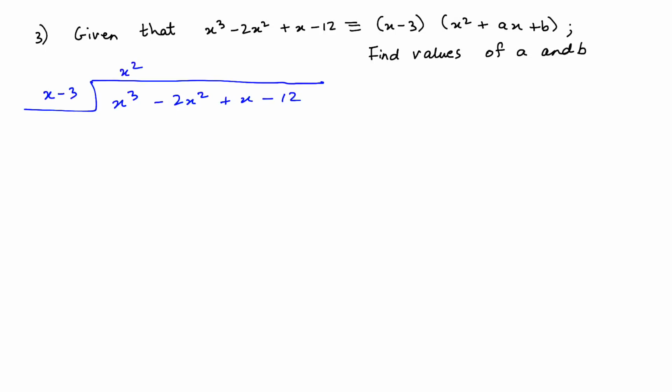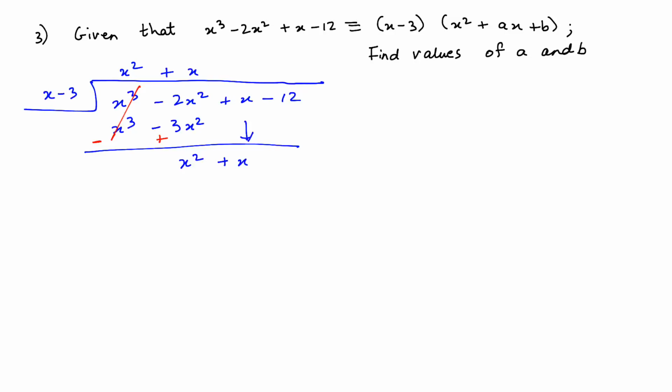X times x squared will give us x cubed. -3 multiplied by x squared, -3x squared. Remember to change the signs, negative and positive. Put in the calculator -2 plus 3 and you will get 1. So 1x squared plus, bring the x down.